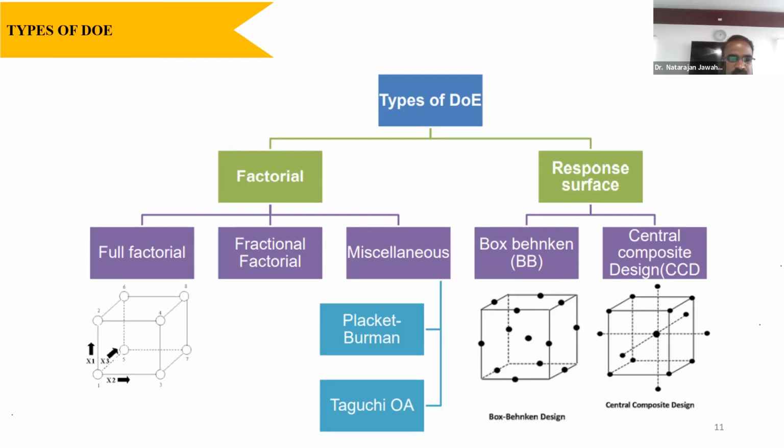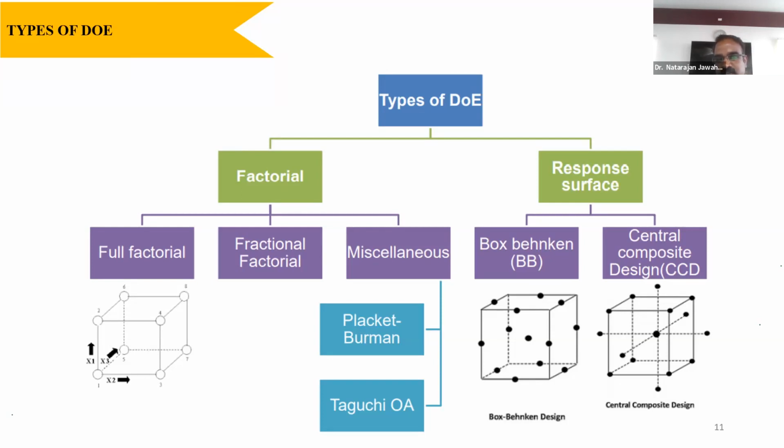In full factorial designs, generally we go up to 5 factors. If you have more than 5 factors in 2 levels, then it will have a large number of runs. So in order to reduce the number of runs, we have to remove the insignificant factors through fractional factorial designs.